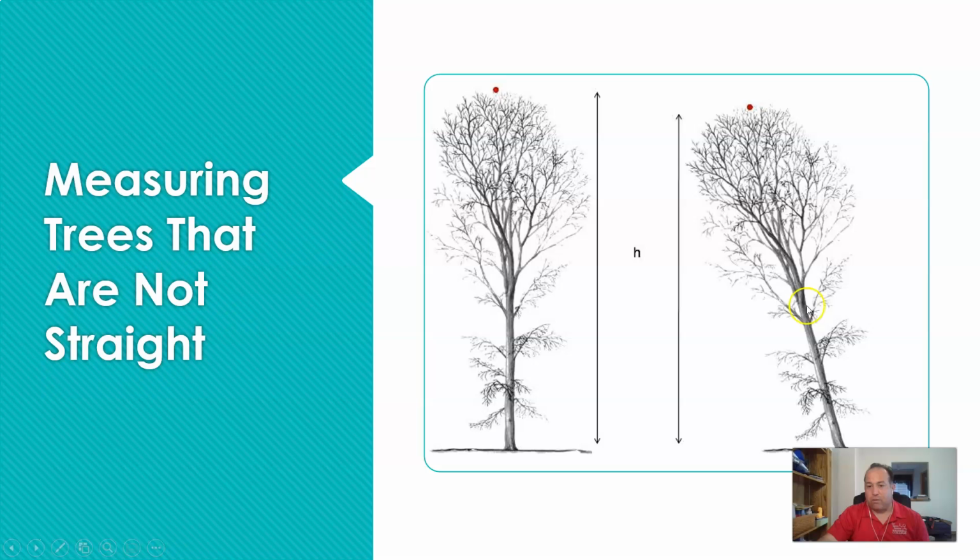Measuring the DBH, I want to go with the lean, and I still want to go straight up that leader as much as I can and find a good spot. Or I want to see which way it's leaning, and go straight up and make a straight line until I get to the top. Whatever way you think gives you the most accurate measurement of that actual tree height.